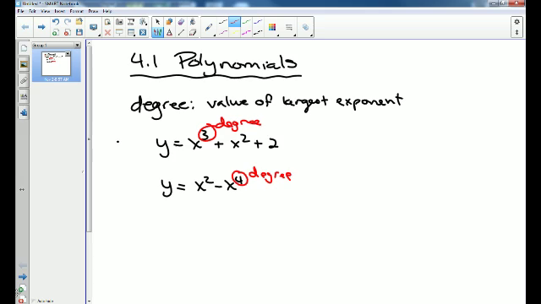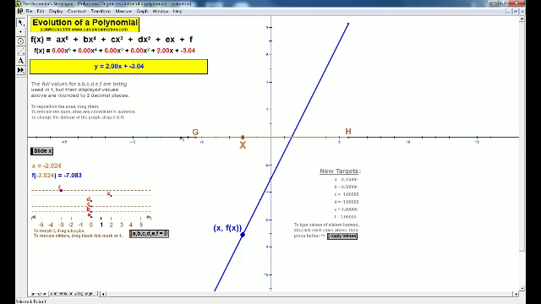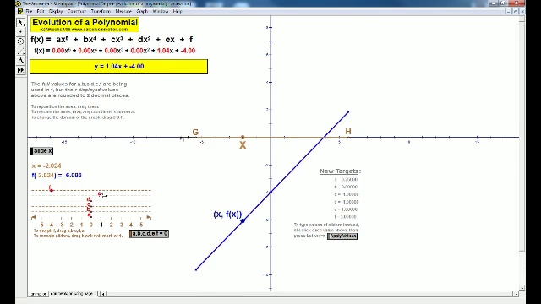Okay, so that's degree. So linear functions are degree 1, right? What's a quadratic? Degree 2. Yeah, so let's just go with the parent function here.